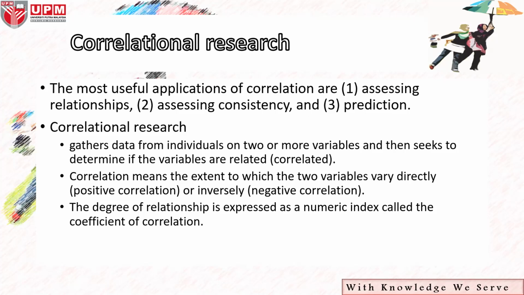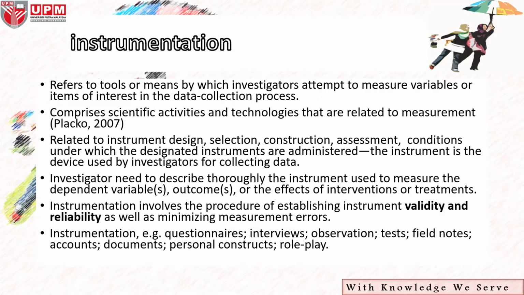Okay, so when we conduct the quantitative study, we collect the data from the questionnaire. We collect the data from the instrument. The questionnaire, biasanya in quantitative study, we call it an instrument.